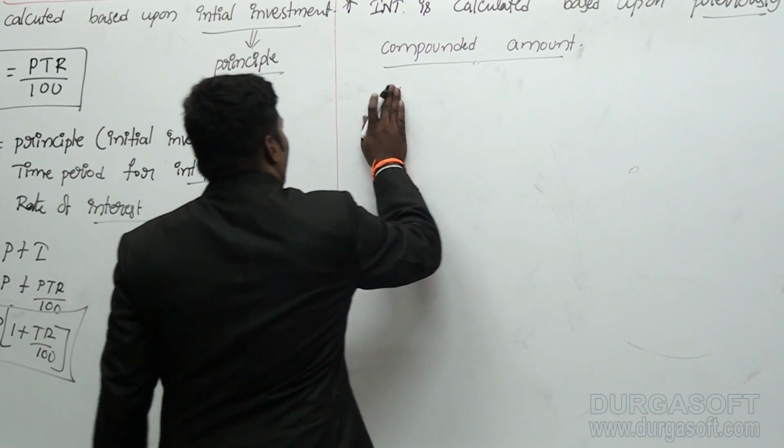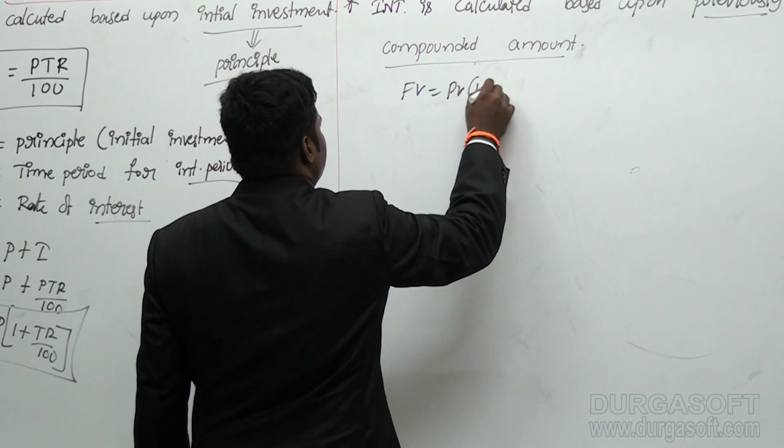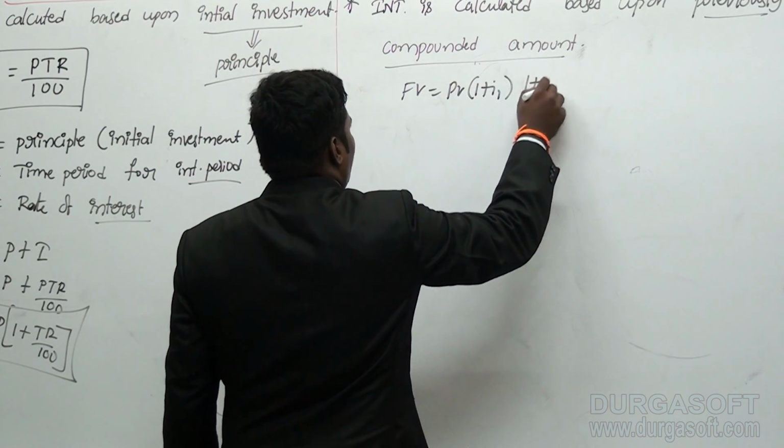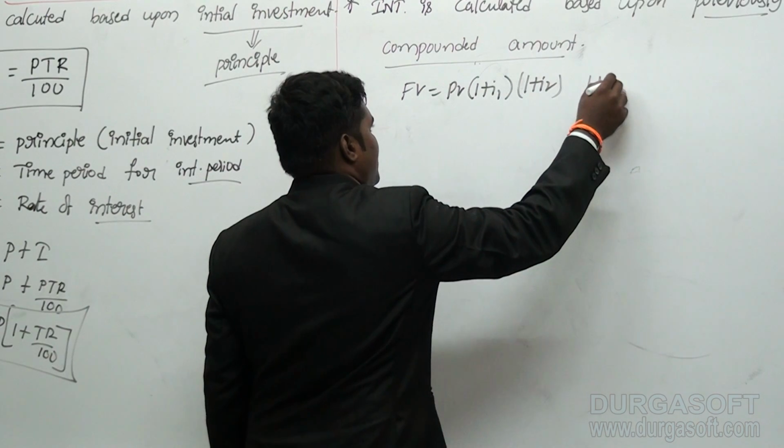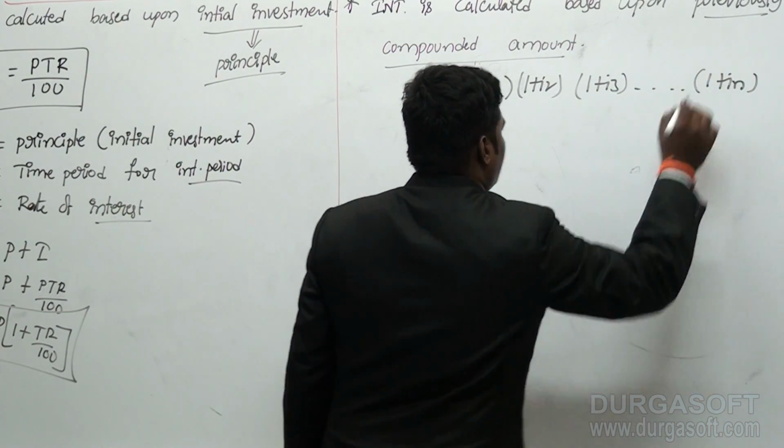While using the formula, future value is equal to present value into (1 plus I1), (1 plus I2), (1 plus I3), and so on, (1 plus In).